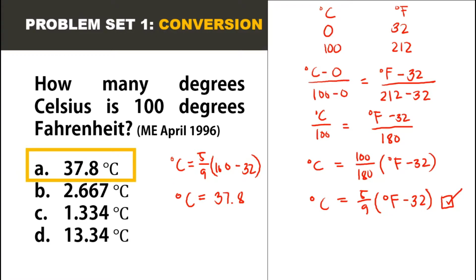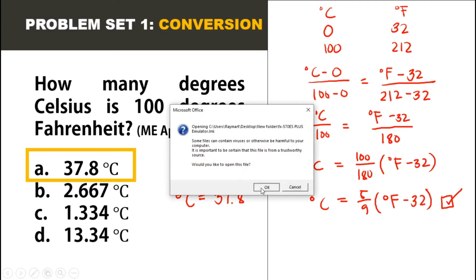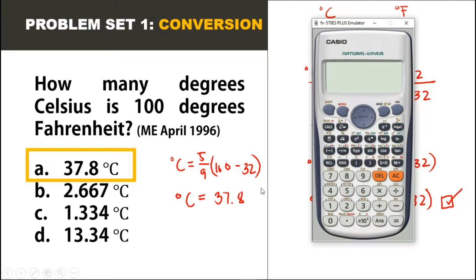We can also use our calculator technique to solve that. There are two ways to solve this. First, you can use the mode stat, and the second is you can use the shift convert. For the shift convert, you press shift and convert, that is 8.